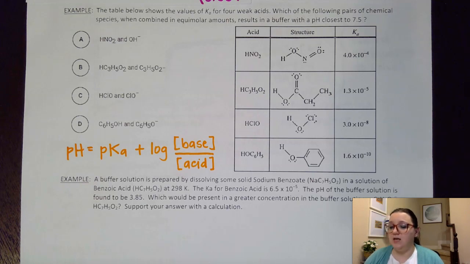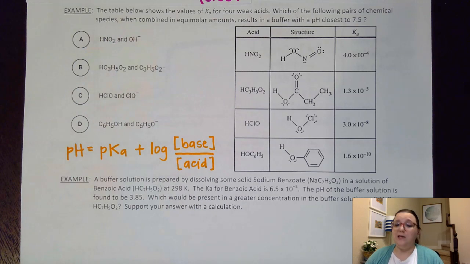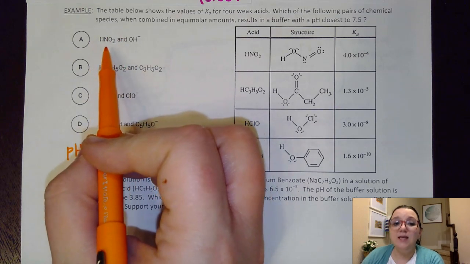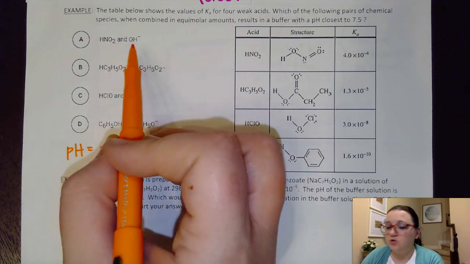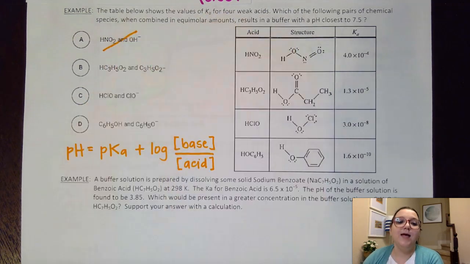Well, first thing, I'm going to go and make sure that these are all buffer solutions, because if any of them aren't a buffer solution, then I can rule them out. And I notice one that sticks out to me off the bat, something that I noticed the two species don't have anything in common, and that would be this first one here. HNO2 is a weak acid, but hydroxide ion is definitely not its conjugate partner. And so therefore, I would rule that answer out.